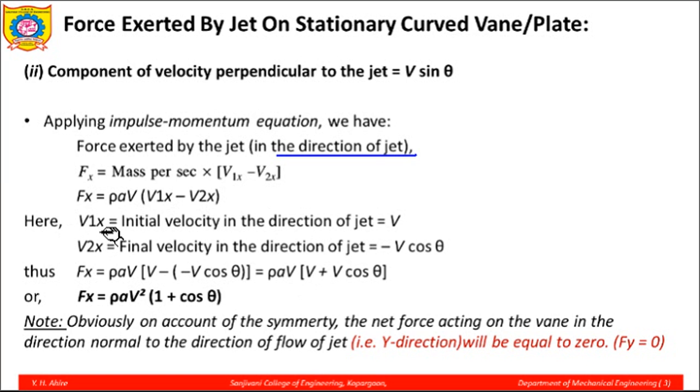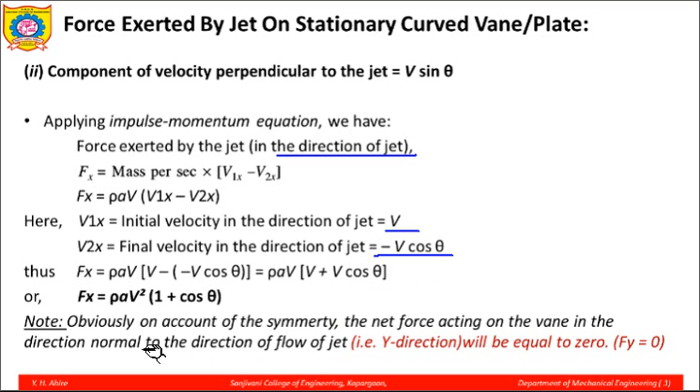Here V1x means initial velocity in the direction of the jet, that is capital V. V2x means final velocity in the direction of the jet, so it is minus v cos theta.